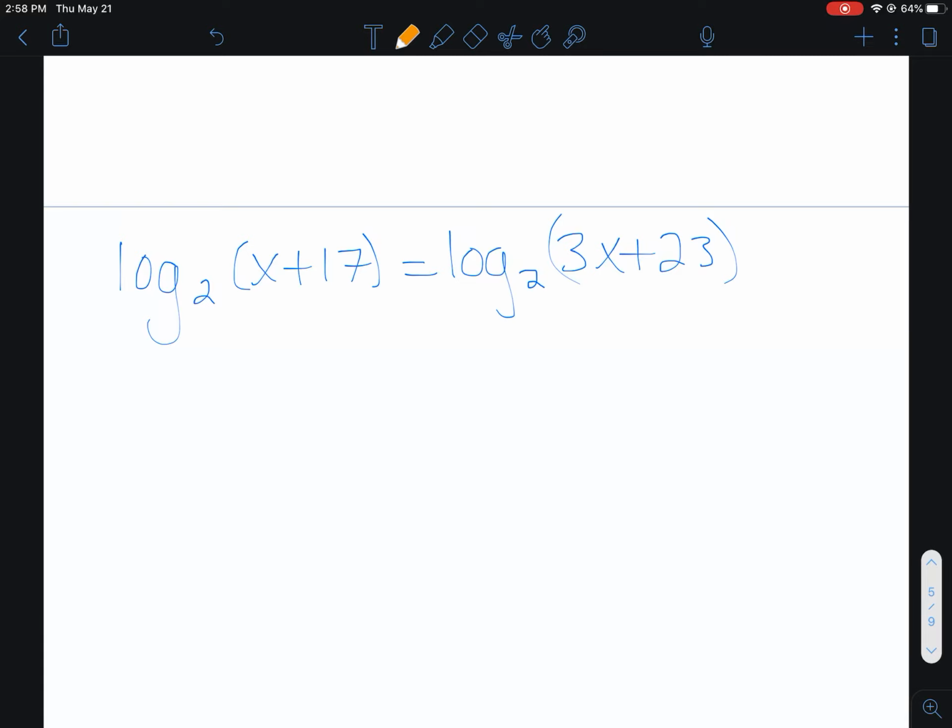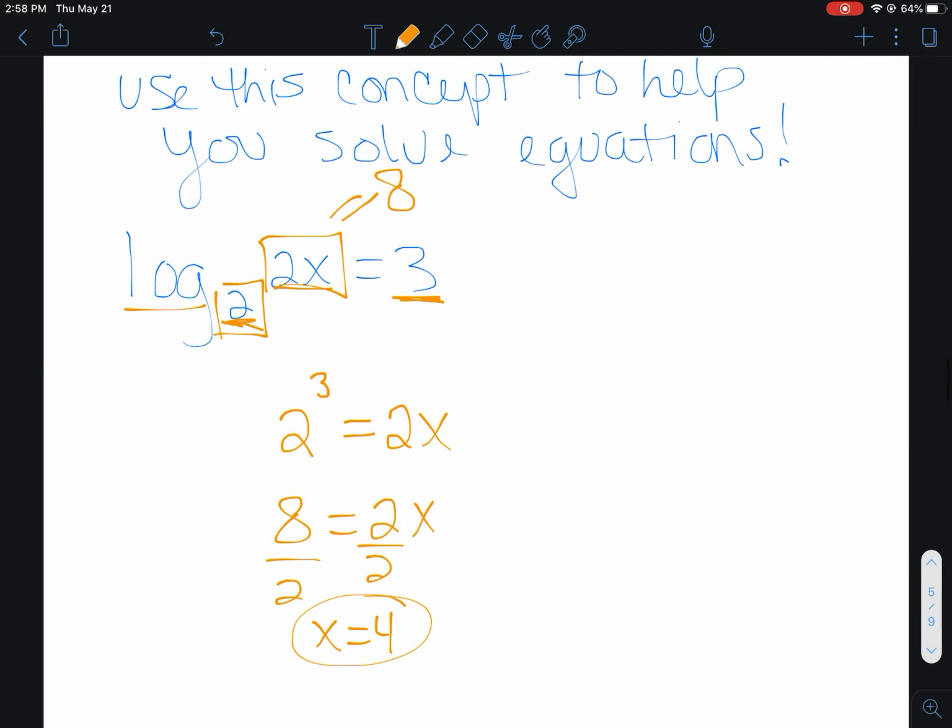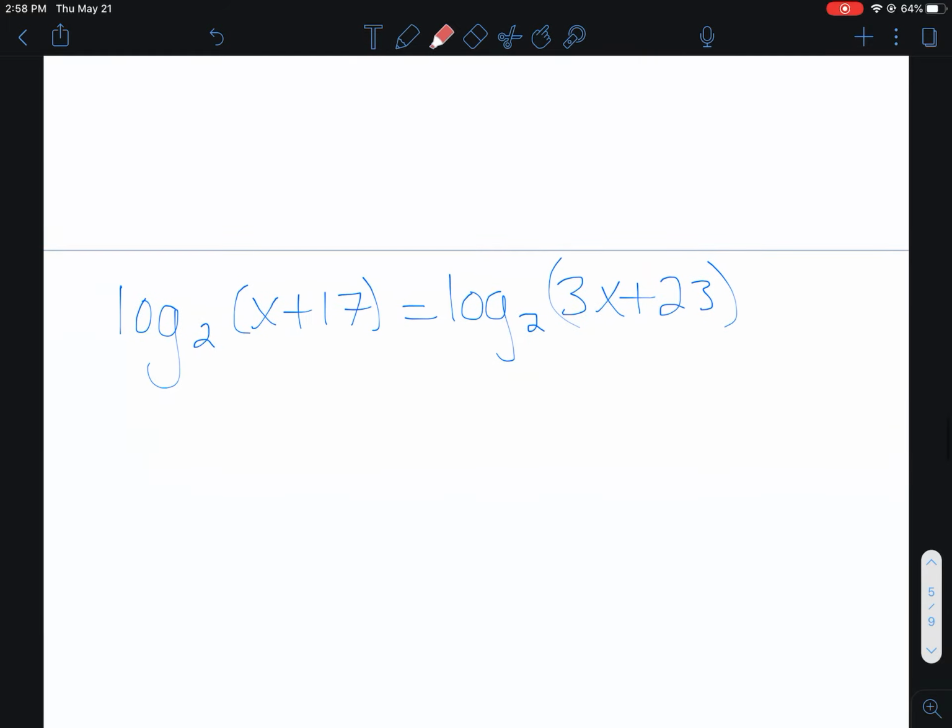One other type of problem like that is instead of just having a log on one side of the equation, as you see we did here, there's only a log on the left-hand side. There's nothing, just a number, a constant on the right. We have logs on both sides of the equation.